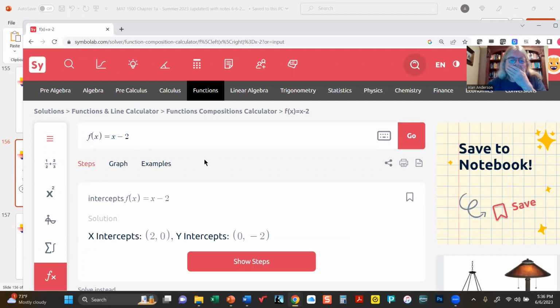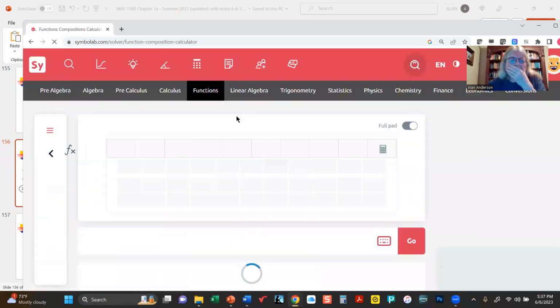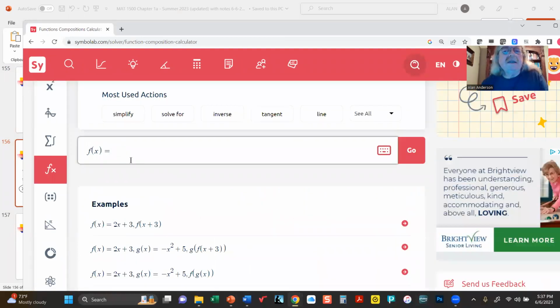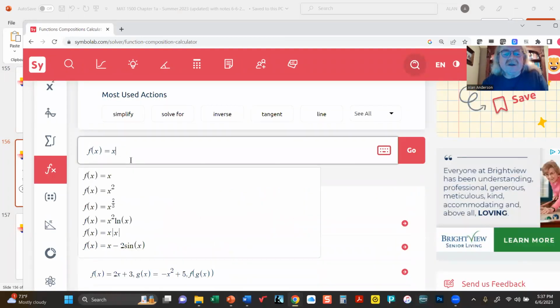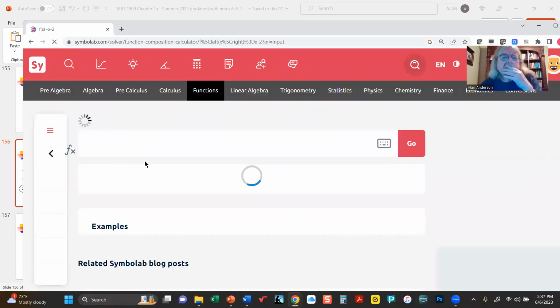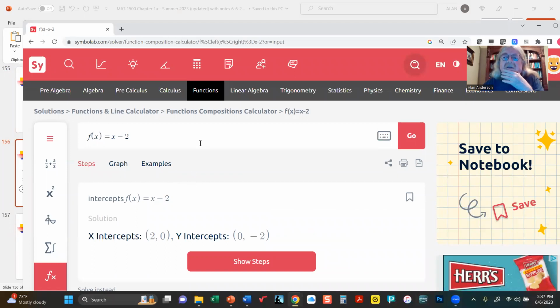Hmm. I'm not seeing how you're supposed to enter g of x. So I know they've changed the whole interface just since the spring semester when I was using it in one of my other classes.